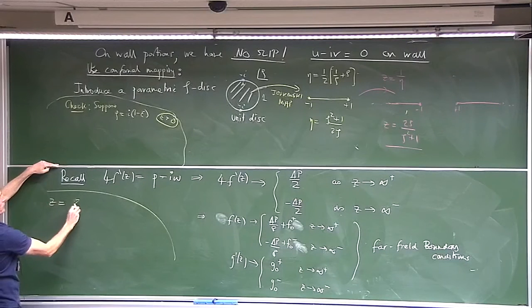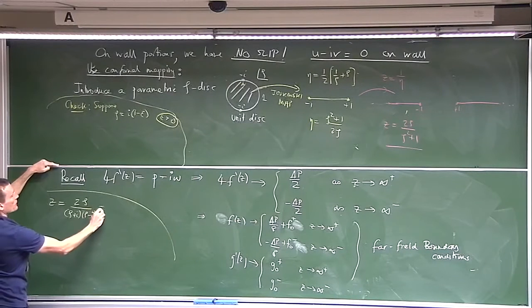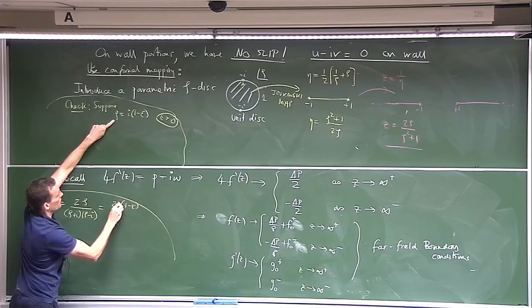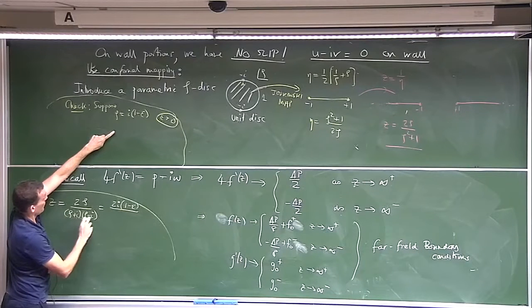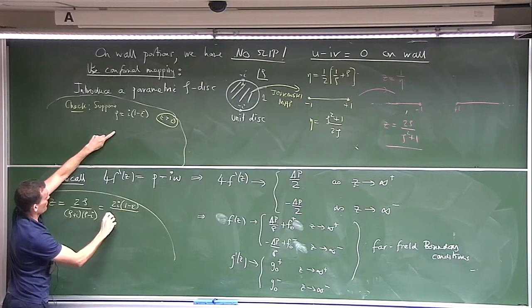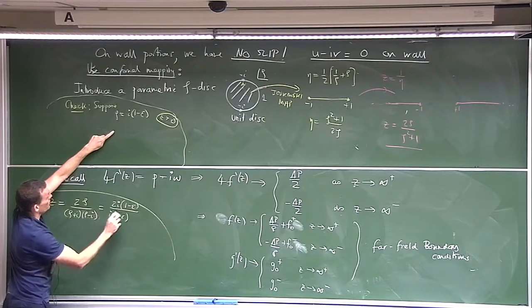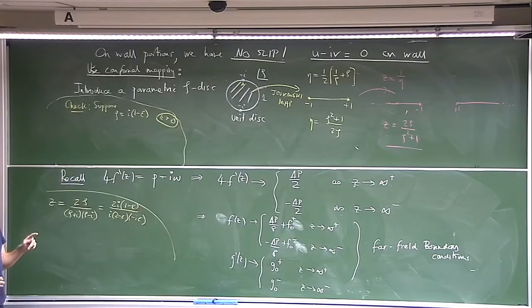Well, let me factorize it. Then we substitute this, it's 2i(1 minus epsilon) divided by this one. What's this one? Isn't it i(2 minus epsilon)? And then this one is i minus i epsilon minus i. So this one's minus i epsilon. Everyone see? Did I do that right?